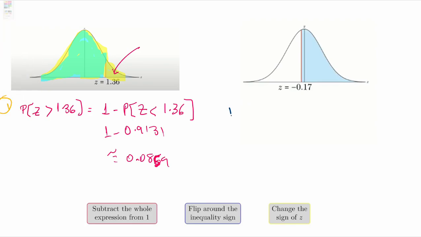So this one is the probability of z being less than, right, minus 0.17. Okay? This one's a little bit trickier, but you'll see that if you choose the right 2 steps, you will get there. Anyone has an idea of what I should do?